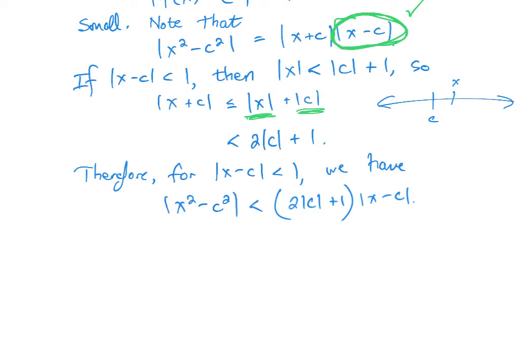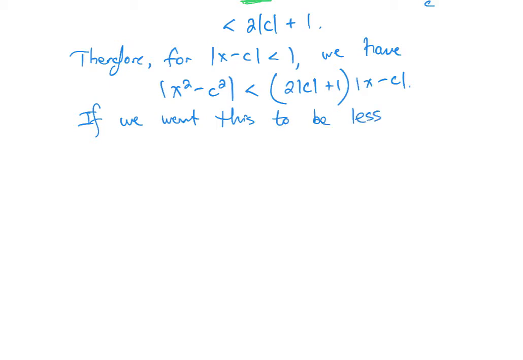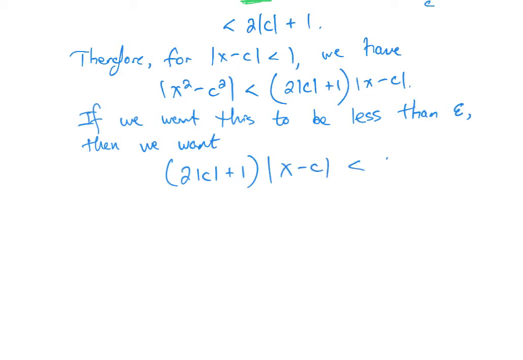Now, if we want this to be less than epsilon, well, then we want 2 times the absolute value of c plus 1, times the absolute value of x minus c, less than epsilon.